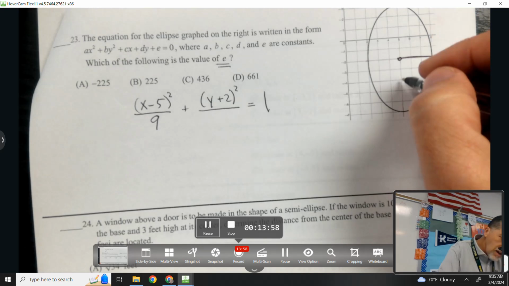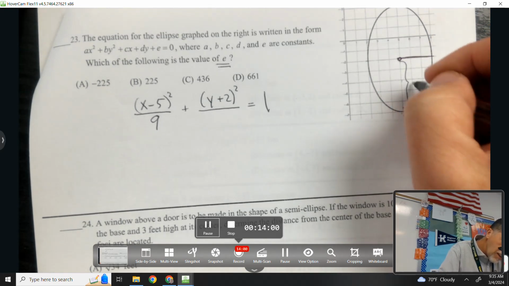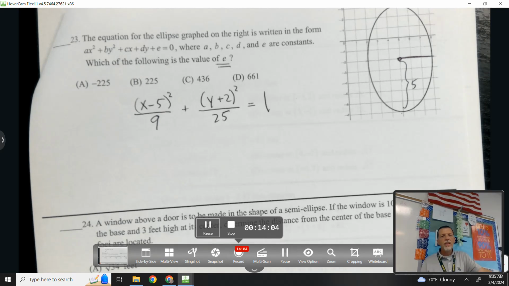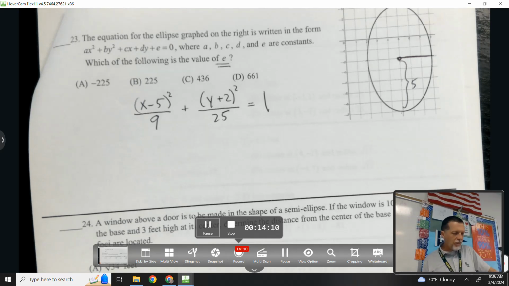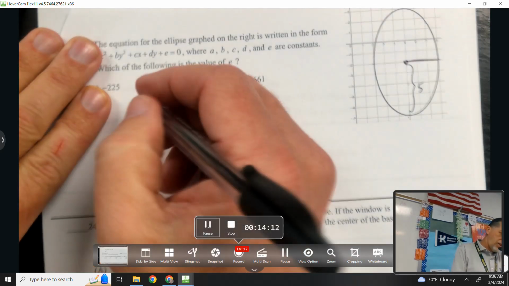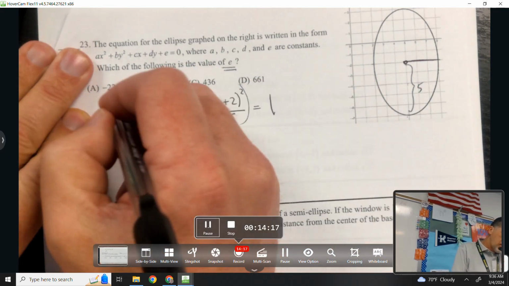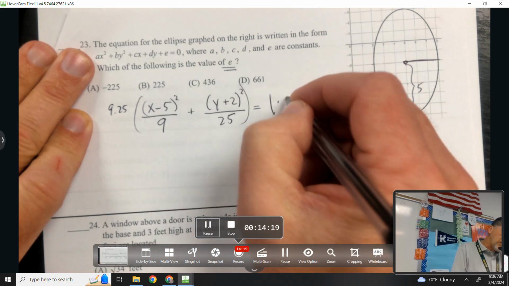Up and down 5, so 25 under the y. So I need to multiply through by 9 and 25. Maybe it's just easier to write 9 and 25.